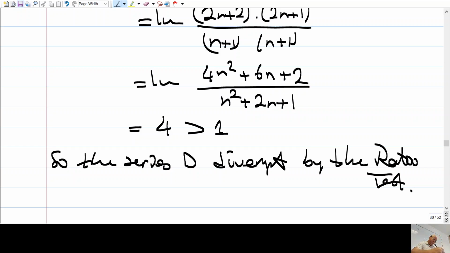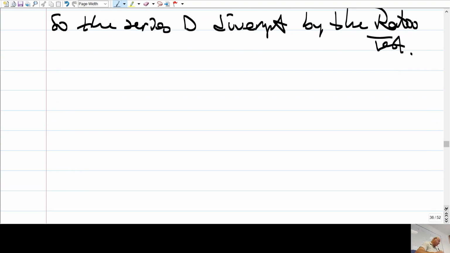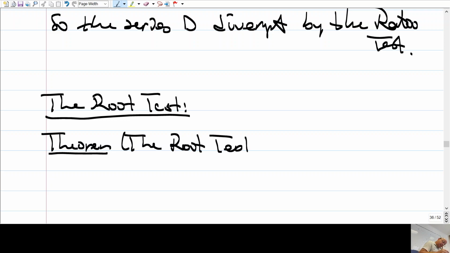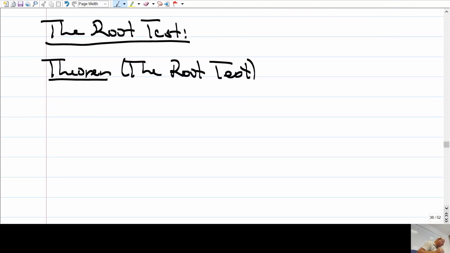Okay. Let's see the root test also. The root test. It is similar, but instead of ratios, we will take roots. Let me write down the statement.